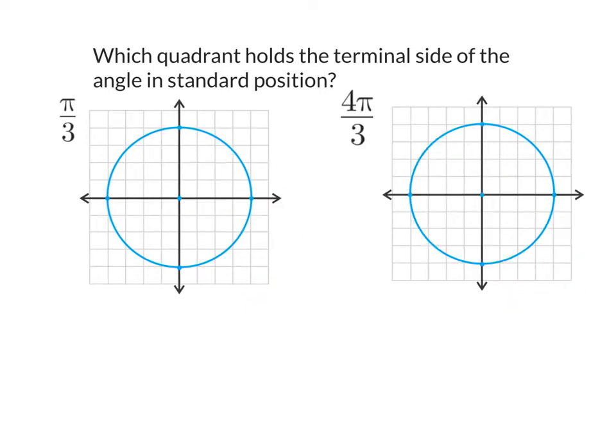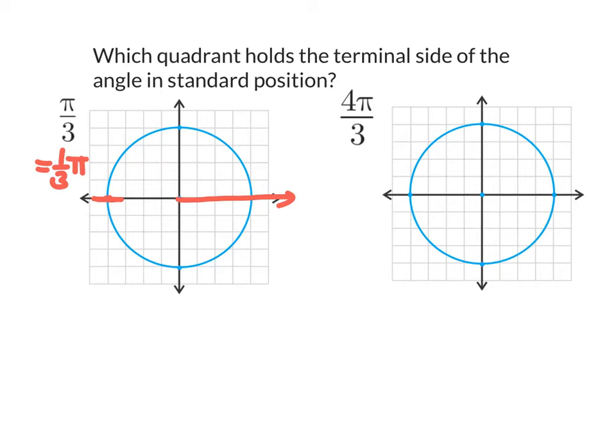If our angles are measured in radians, we still need to draw the angle of pi over 3. Again, its initial side would be the positive x-axis. But when I'm thinking about pi over 3, that's really the same as 1/3 of pi. And you need to think about radians like this, that pi is going to give us that 180 degrees.